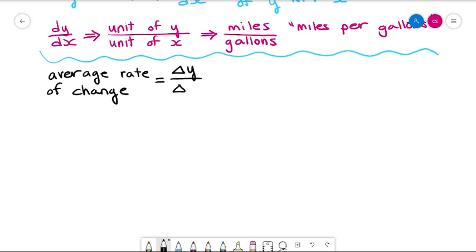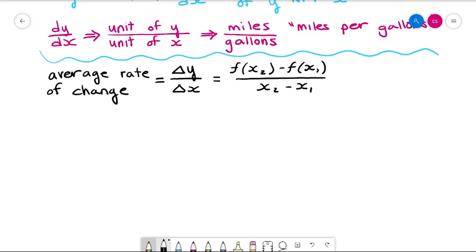Remember, for average velocity. Now doing average rate of change, we're going to make it more general to any type of problem, not just a distance time problem. It's going to be the change of y over change of x, and we saw that this can look like f of x2 minus f of x1 over x2 minus x1.